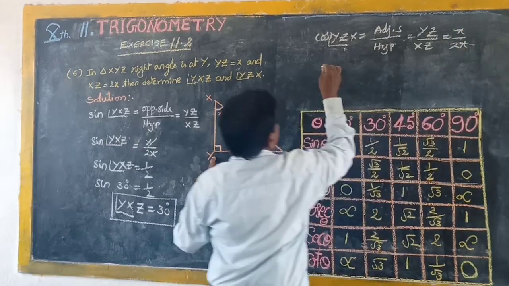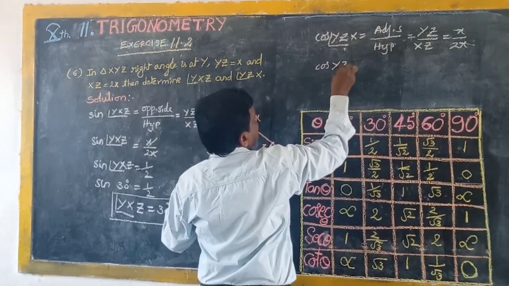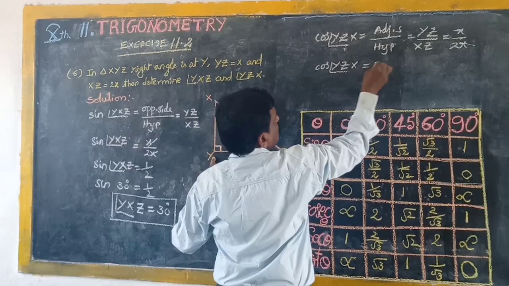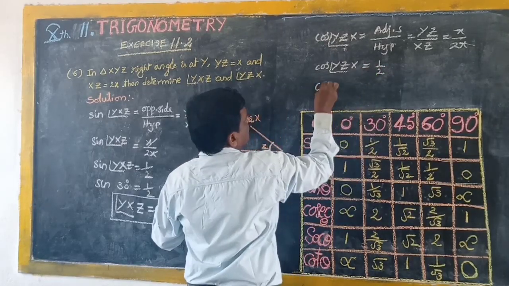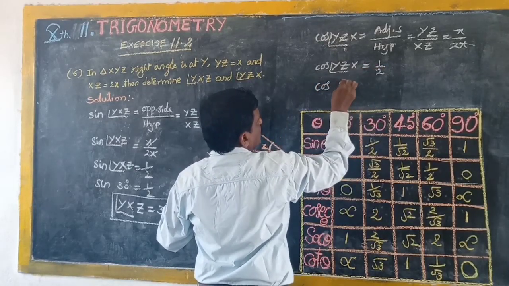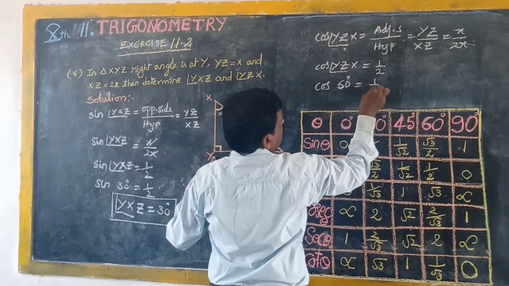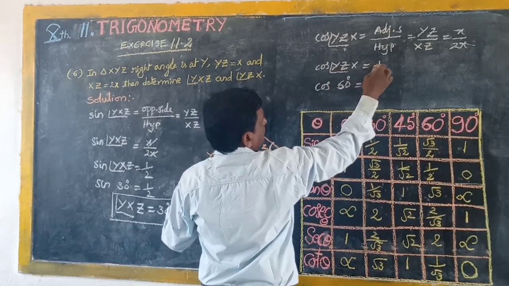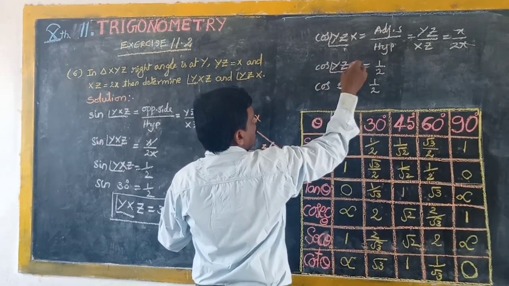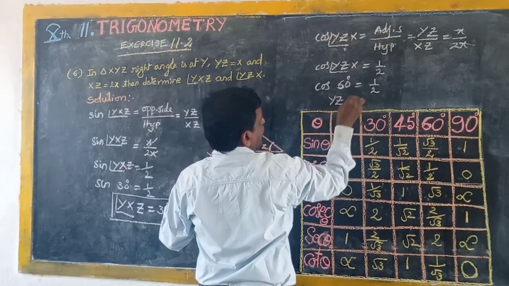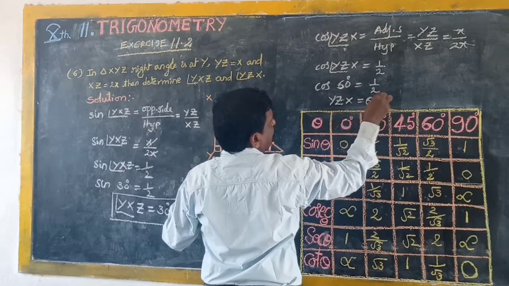X and X cancel. Cos YZX is equal to 1 by 2. Cos 60 degrees is equal to 1 by 2. So YZX is equal to 60 degrees.